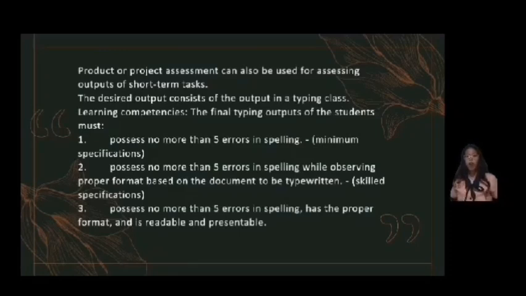Now, level 2, possessing no more than 5 errors in spelling while observing proper format based on the document to be written is a skill specification, which is in level 2. Now, in level 3, possesses no more than 5 errors in spelling and has the proper format and is readable and presentable, is the expert level.